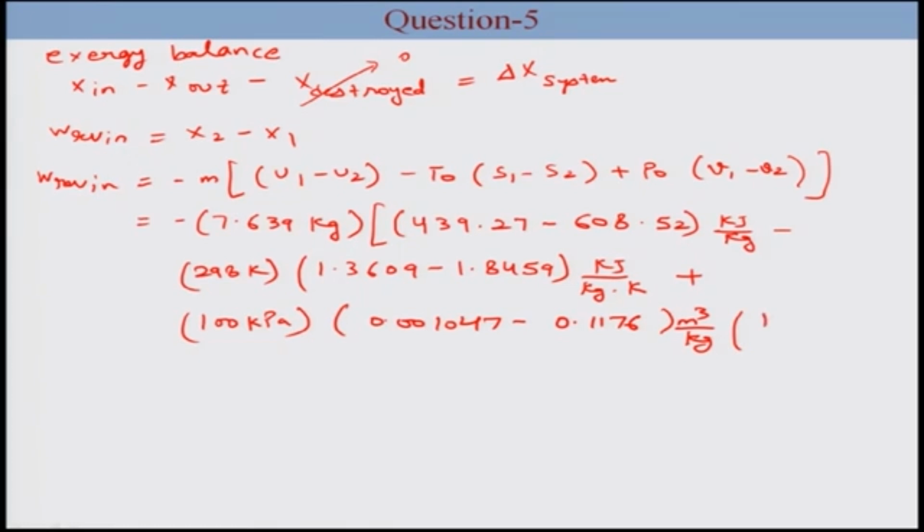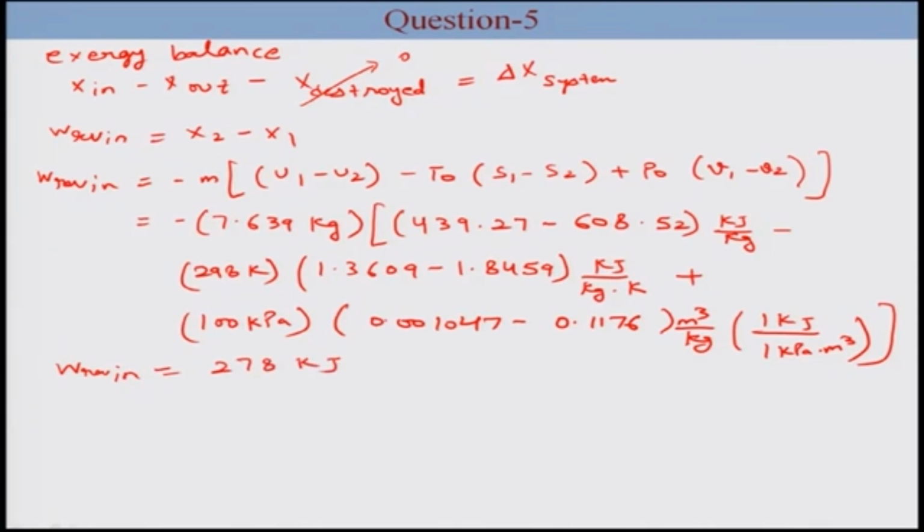Making the units consistent, 1 kilojoule is equal to 1 kilopascal meter cube. So this gives a value of reversible work input as 278 kilojoule.